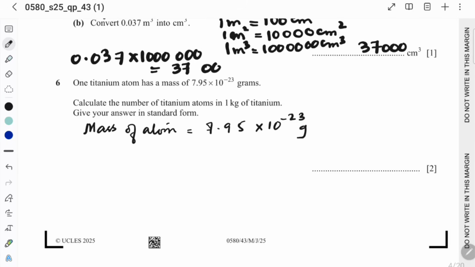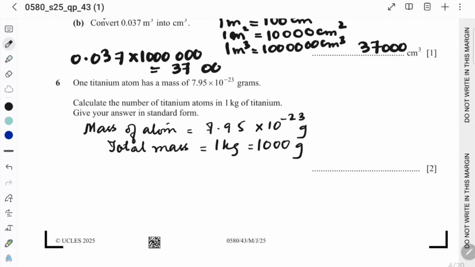And they're asking us to find the number of titanium atoms in 1 kg. In 1 kg we have 1000 grams. So the total mass is 1 kg, which is 1000 grams.